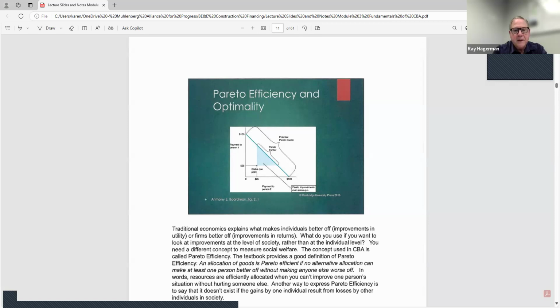There's a point where they come together, and we call that the status quo point. So in all of the CBA projects where we're looking to make an investment, we always start with the status quo, like in the Army Corps of Engineers Donovan presentation, the without-project condition. You're not doing a project, you're maintaining the status quo.